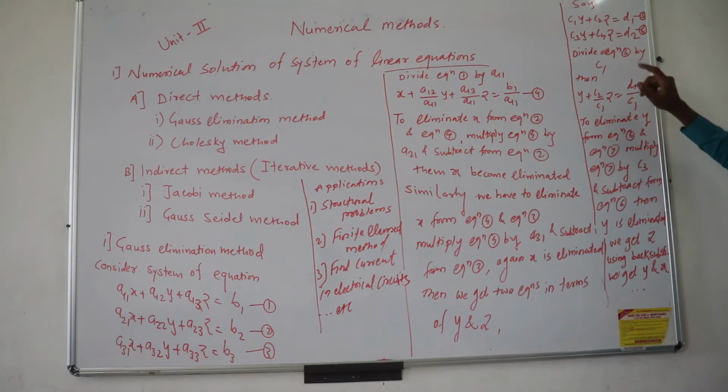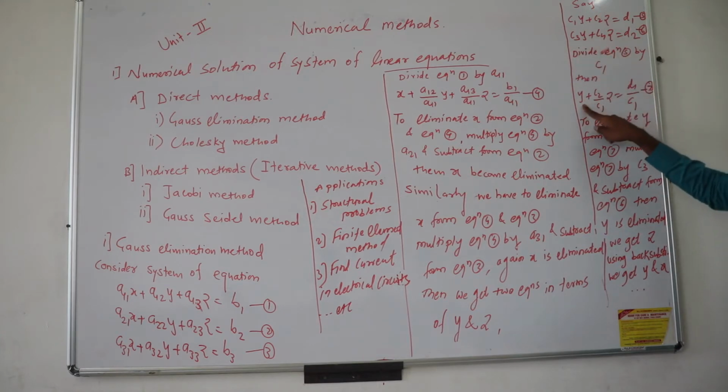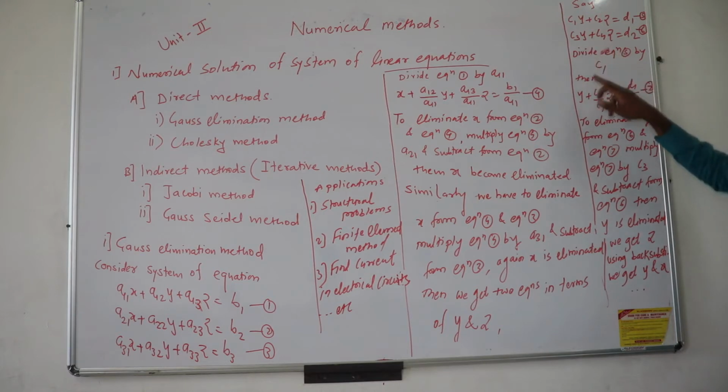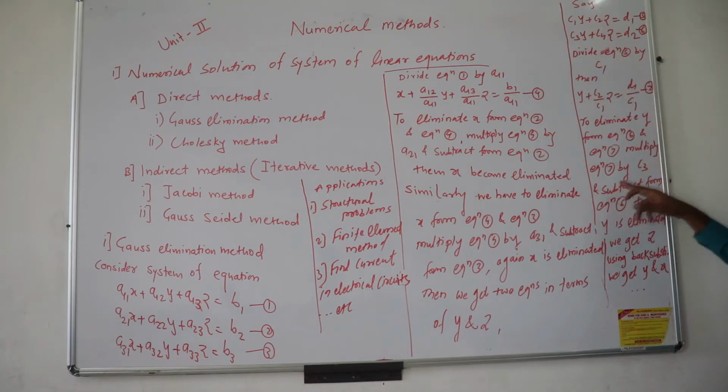Now we eliminate y from equations 6 and 7. In equation 6 the coefficient of y is C3, and in equation 7 it is 1. So we multiply equation 7 by C3 and subtract from equation 6.